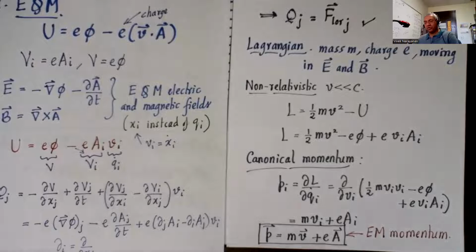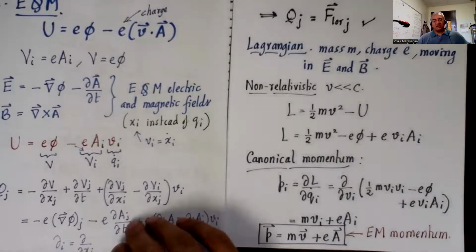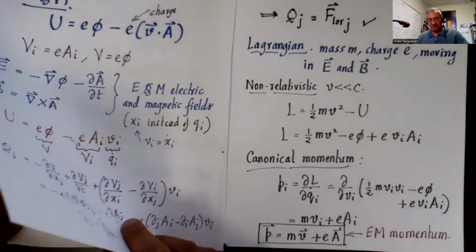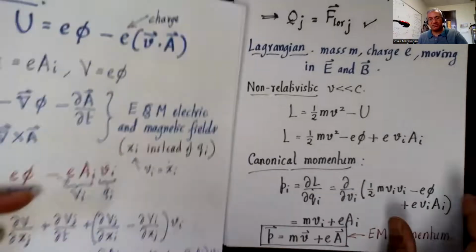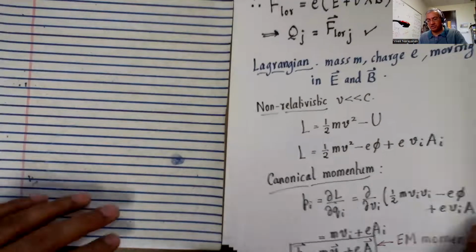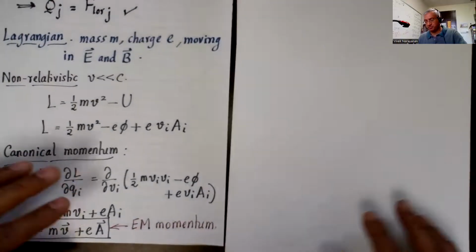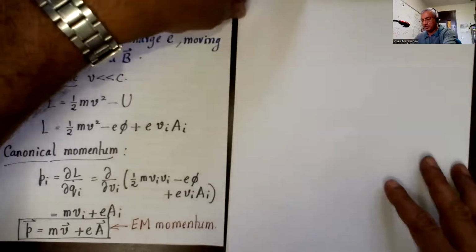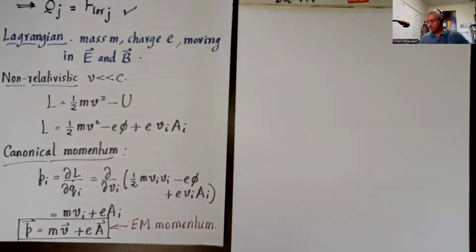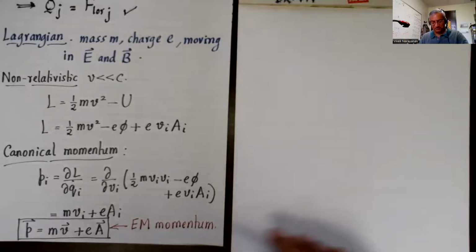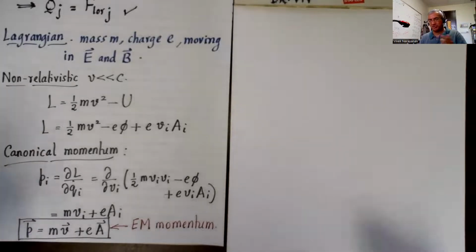Now we are so close to doing the Hamiltonian, we should probably do that next. So let's form the Hamiltonian. To form the Hamiltonian, you have to do the Legendre transformation, which gives us the velocity in terms of the momentum. Well, that is rather easily done in this particular case. I just have to solve for v in terms of p.